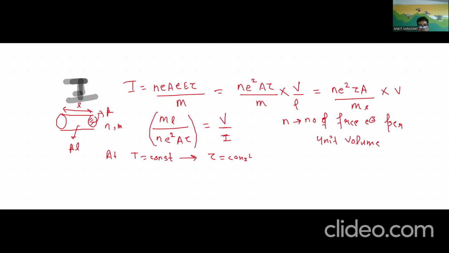Now, if it is constant, can I write that this constant is K? m L by n e square A tau is constant. Its value is K, and it is equal to V by I. If K is constant, then can I write V proportional to I? Yes, sir. This is Ohm's law.